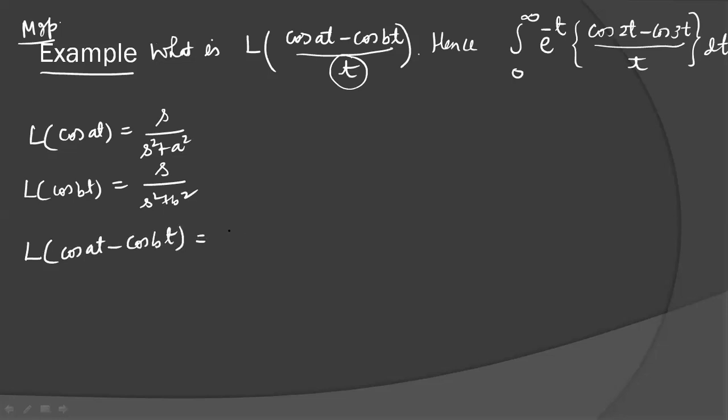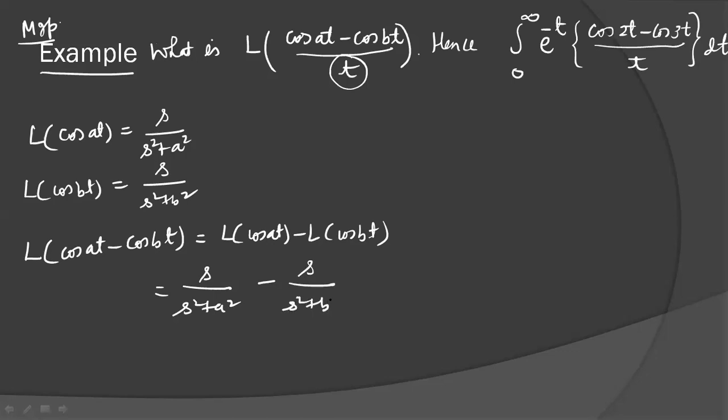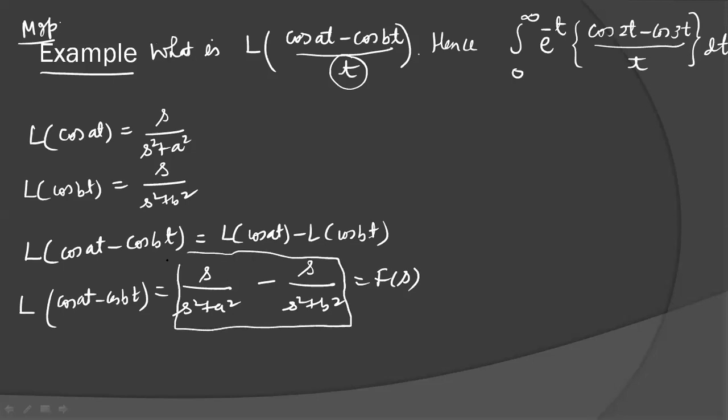It will be Laplace of cos at minus Laplace of cos bt. So it will be s over s square plus a square minus s over s square plus b square. So this is the Laplace of cos at minus cos bt. I am not going to simplify it. It is representing F(s) here. This expression is F(s) here.